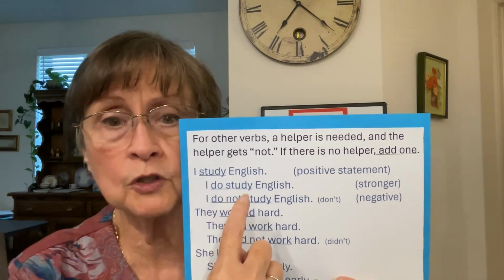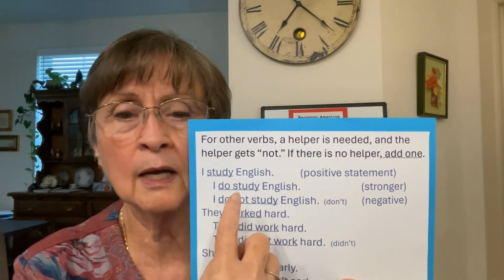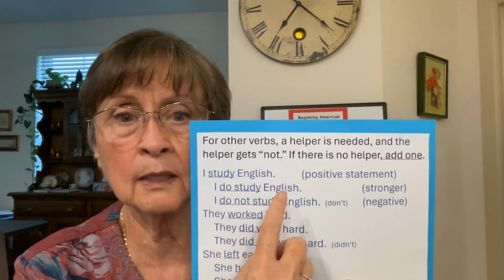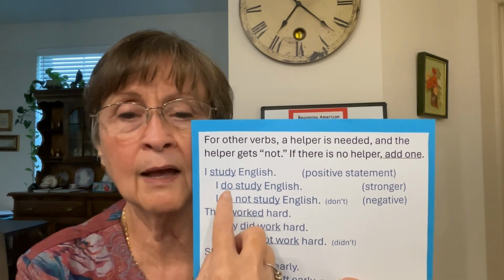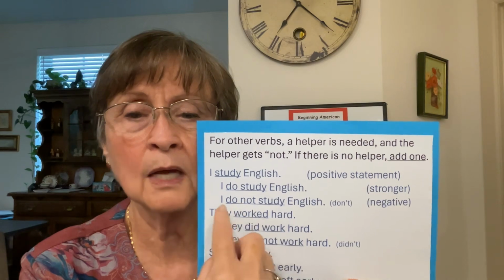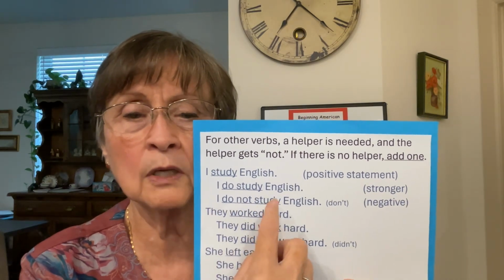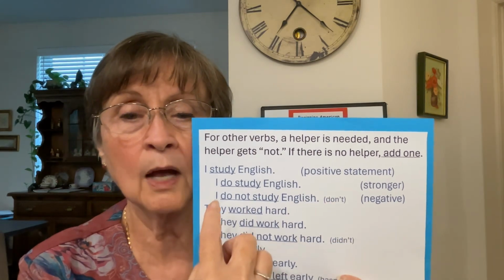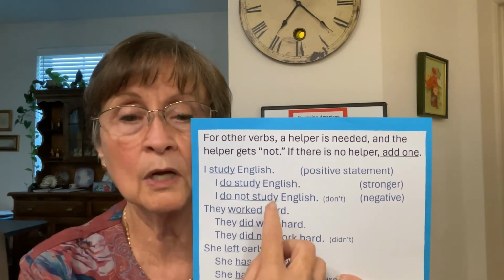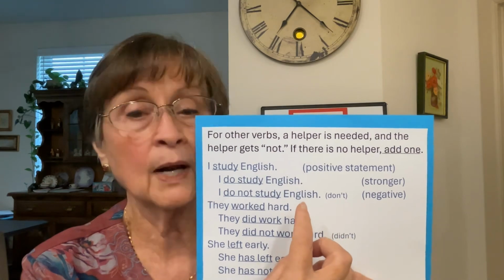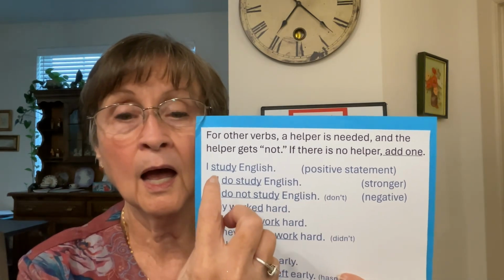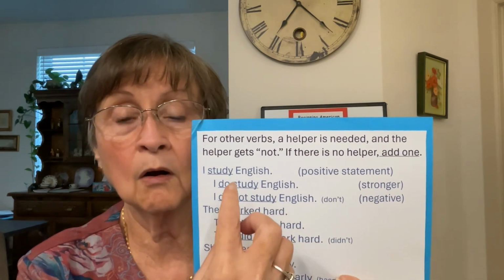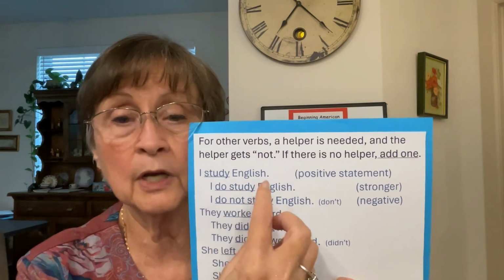I do study English. I give study a helper. I do study English. And then I have a helper that I can put with not. I do not study English. And I could also make a contraction. I don't study English.